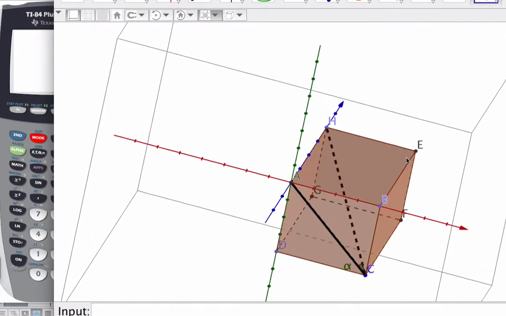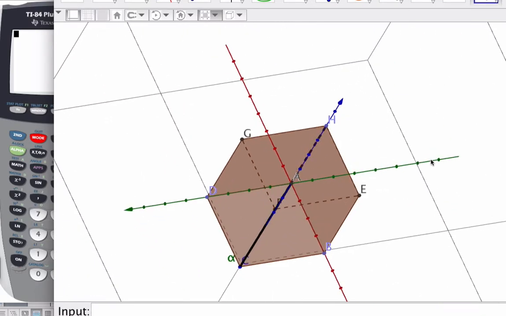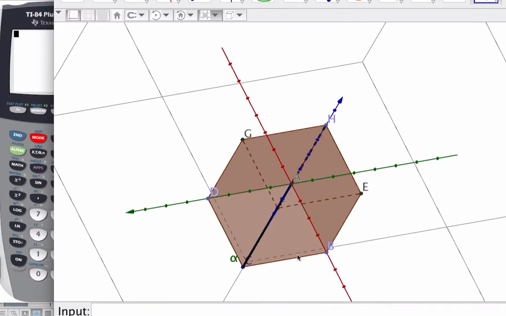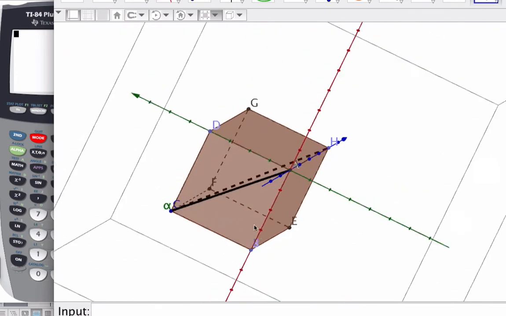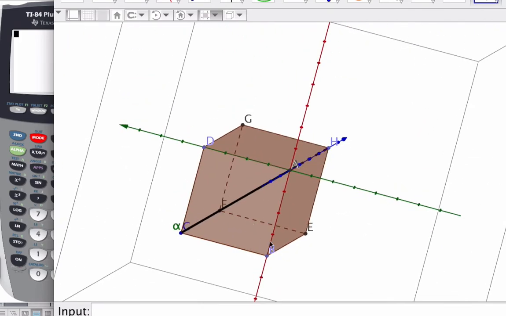And what I see for AC is that I get a triangle in the bottom of the box, and this is a right angled triangle, and I can see that right angle here just by the fact that it's a cube.